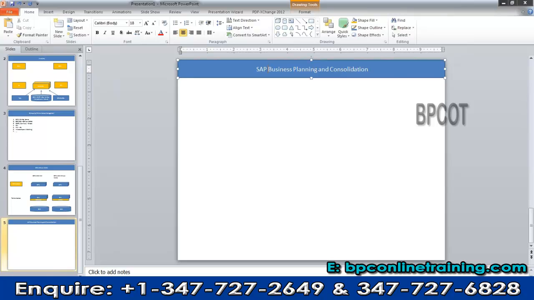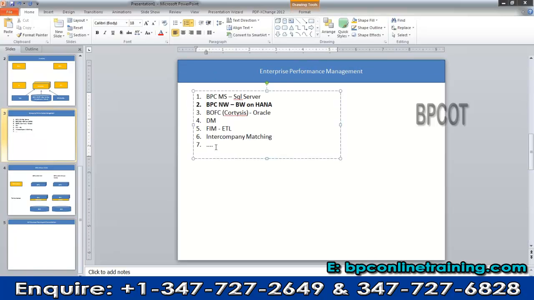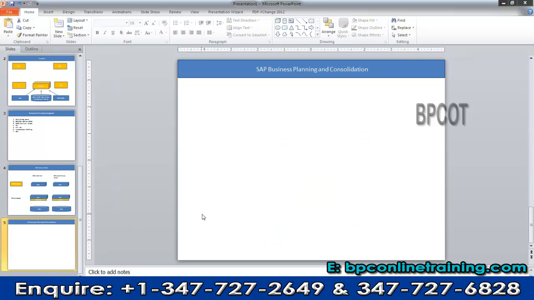So, SAP BPC, SAP Financial Consolidation, SAP Strategy Management. What is Strategy Management? Basically, here you have one more product called SSM, SAP Strategy Management. So, this particular product is called SAP Business Planning and Consolidation.